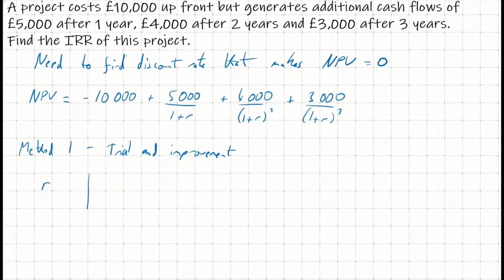So let's have a little table. Here's our values of R and here's our NPV. Let's just start with 10% as our rate. So R is 10%, which is 0.1. If we plug 0.1 into the NPV formula, I've already done this in advance, we get an NPV of £105.20.